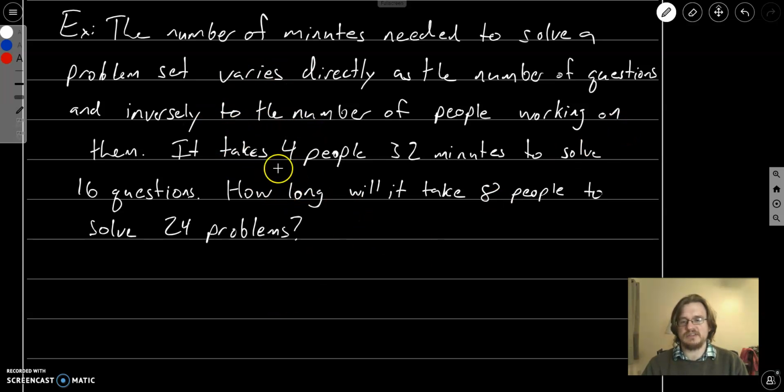It gives us some numbers. It takes 4 people 32 minutes to solve 16 questions. How long will it take 8 people to solve 24 problems? So let's write down our equation and plug and chug. So the number of minutes needed to solve a problem set, this is going to be time T in minutes needed to solve the questions.